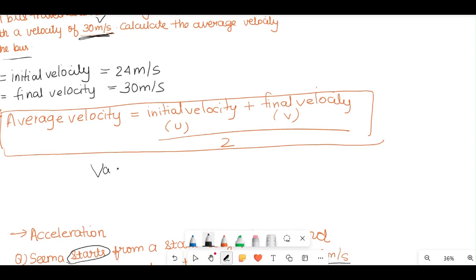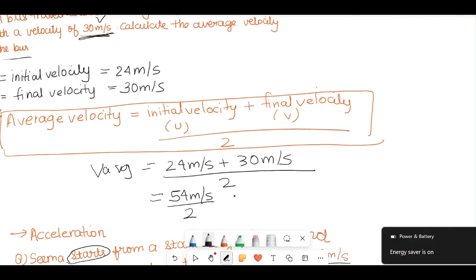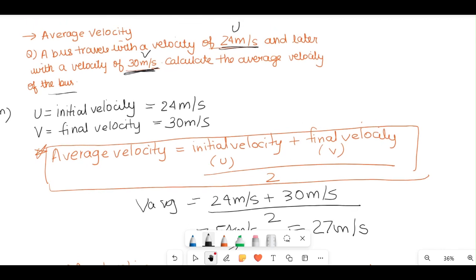We are given initial velocity is 24 meters per second plus 30 meters per second is your final velocity upon 2, which gives us 54 meters per second upon 2. So your final answer is 27 meters per second. I hope this question as well was clear to you.